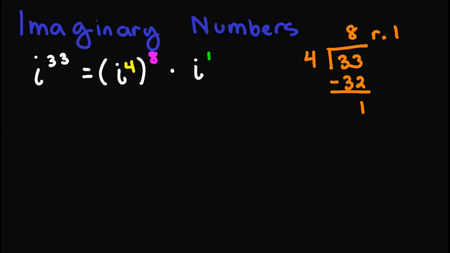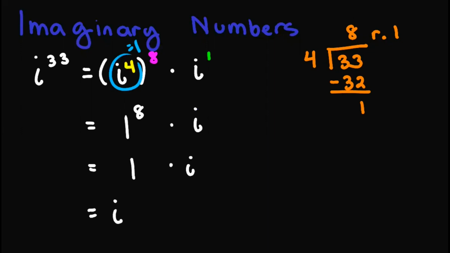So this one becomes, we know that i raised to 4 is equal to 1. So this one becomes 1 raised to 8 times i raised to 1. And 1 raised to 8 is simply 1 times i, or simply i. So this is the simplified form of i raised to 33.